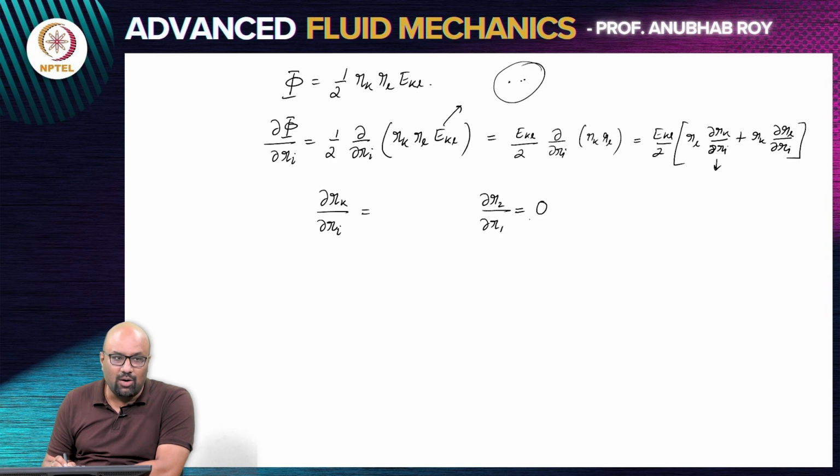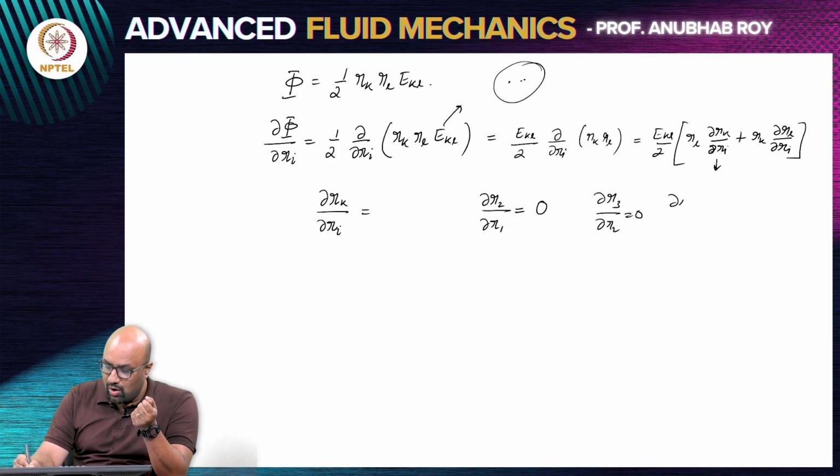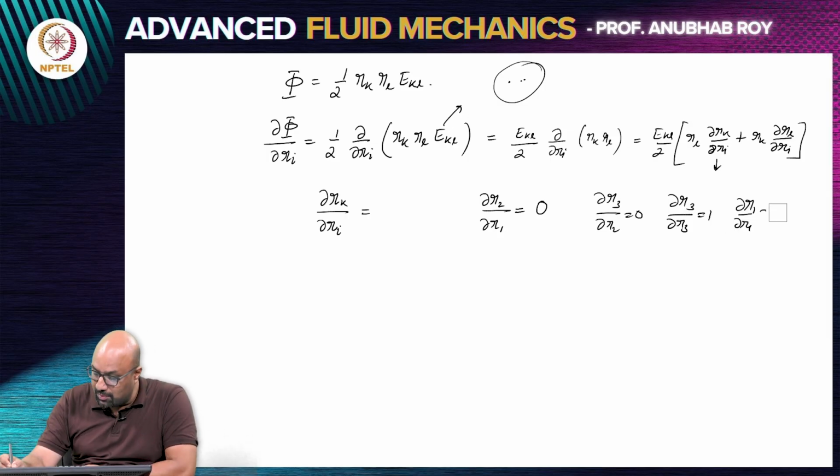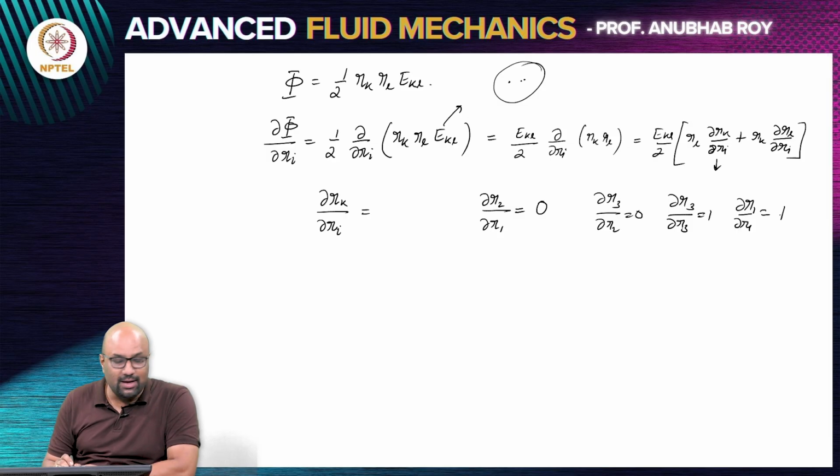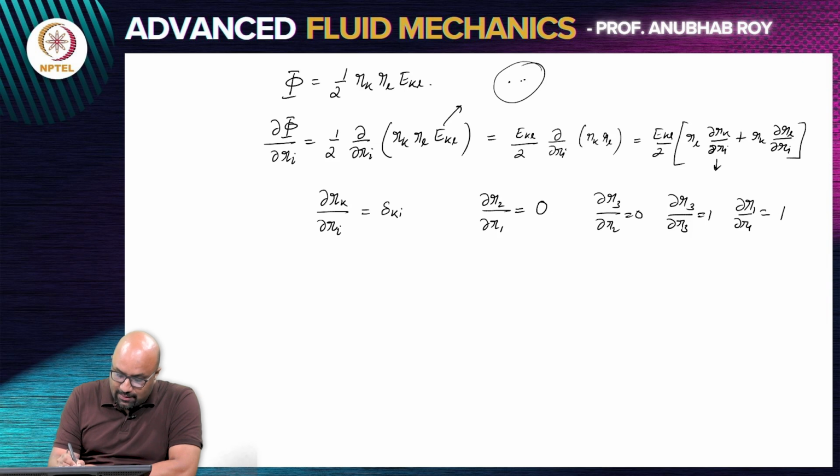These are the three components of that small separation vector and they are orthogonal to each other. So dou R2 dou R1 will be 0, dou R3 dou R2 will be 0. However, dou R3 dou R3 would be 1, dou R1 dou R1 will be 1, and the same would be applicable for R2, which means dou Rk dou Ri is going to be delta Ki.